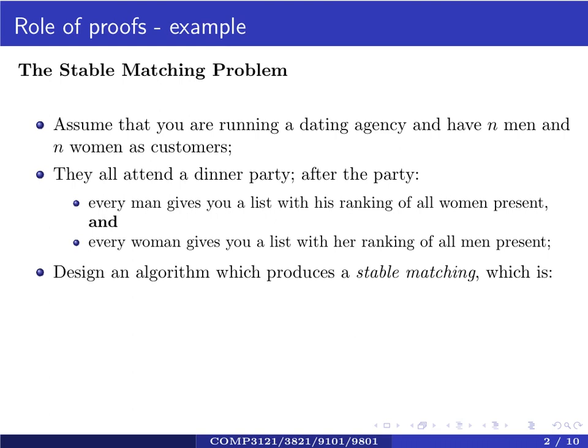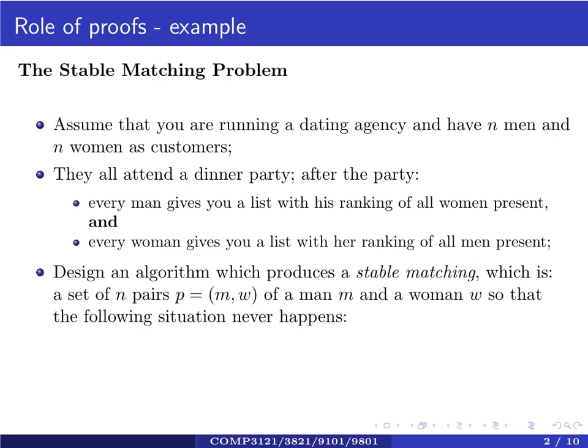Your task is to design an algorithm which produces a stable matching, which is a matching of pairs of men and women, which satisfies the following property.